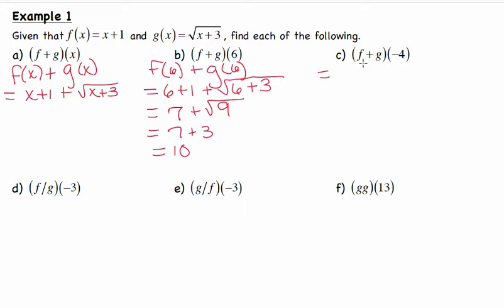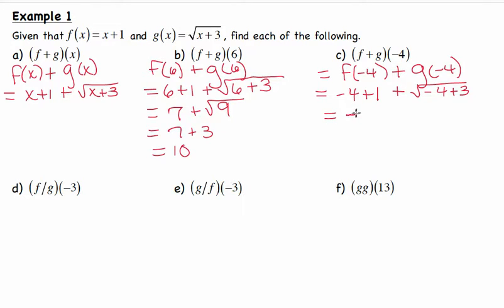Okay, the next problem is C, and that is saying find f of negative 4 plus g of negative 4. My function f of x with a negative 4 subbed in looks like negative 4 plus 1. G with a negative 4 subbed in is the square root of negative 4 plus 3.